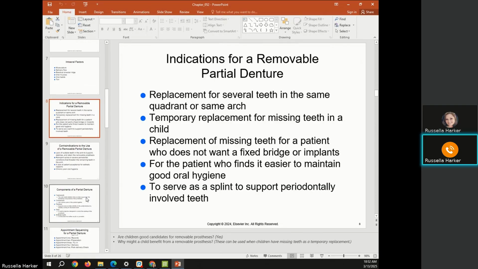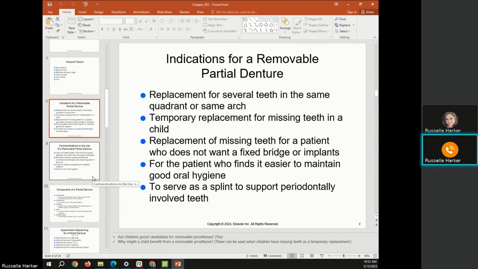In my experience, I have seen that mostly done for pageant children, ones that are participating in pageants. Because children grow very rapidly, and a partial denture is expensive. If you put it in a child, they outgrow it very rapidly, so you have to keep fabricating it. That's why they typically don't do it for children.